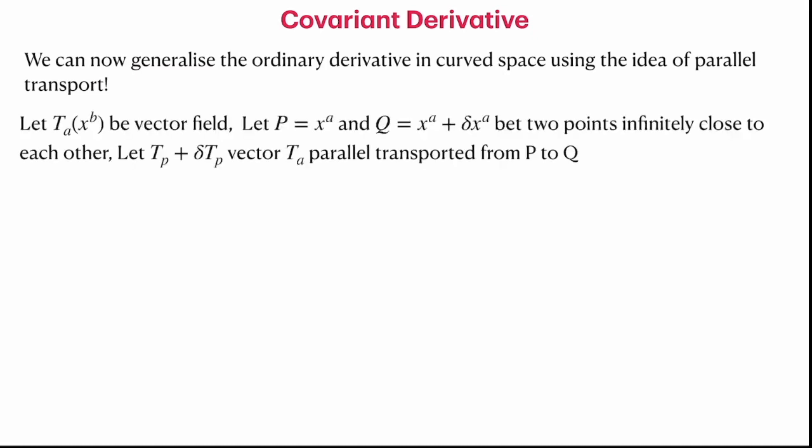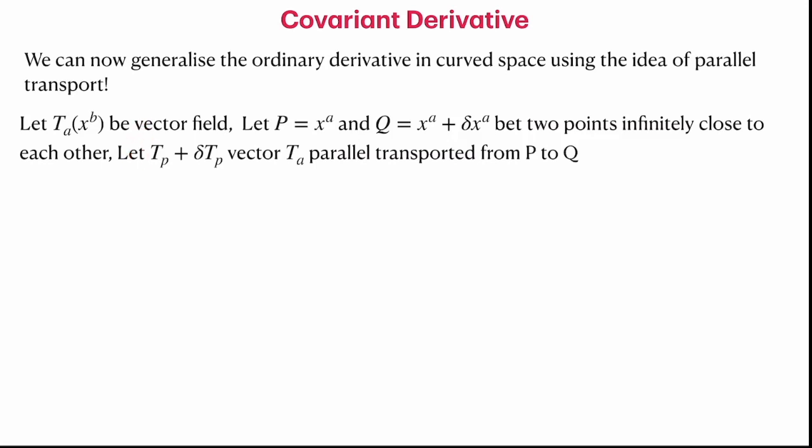Let T^A be a vector field at a point P with coordinates x^A. Let Q be a point infinitesimally close to the point P, such that its coordinates are x^A plus delta x^A, where delta x is a very small quantity.